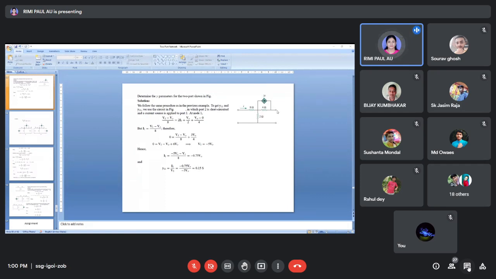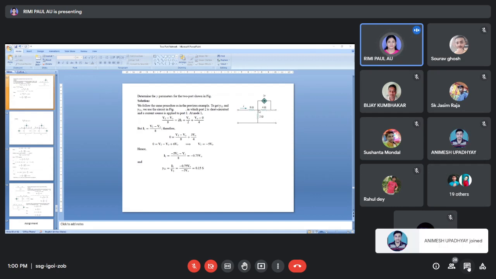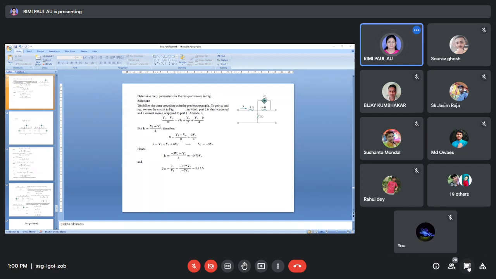Here no voltage is present, this is a short circuit, so V0 by 4. I am telling you again: V0 minus V1 by 8, V0 by 2, V0 by 4, and another current source, current flowing outward from this node, so plus 2I.